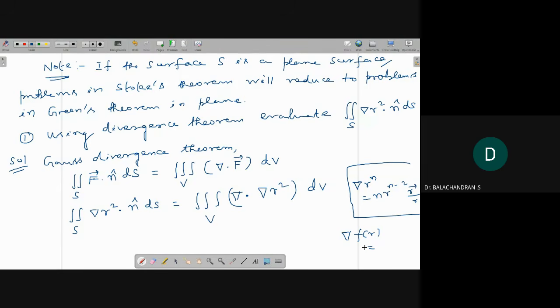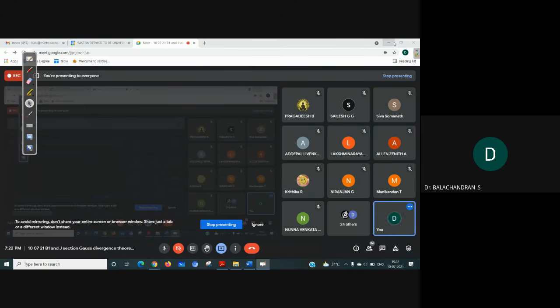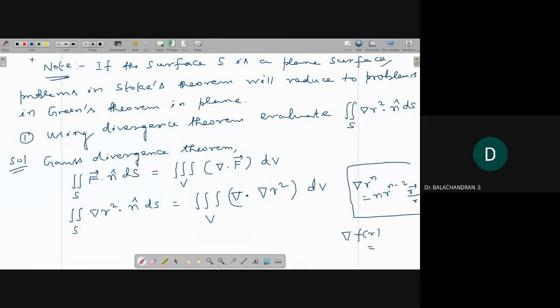Somebody replied to this question also. Del of f of r is f dash of r into r vector by r.